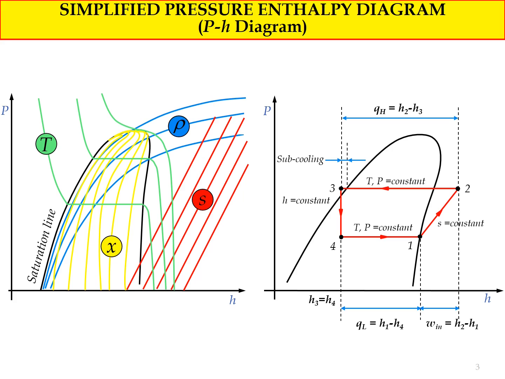From the diagram we can also know that QL equals H1 minus H4, QH equals H2 minus H3, and we can also determine Win, where Win equals H2 minus H1. These are the simplified pressure enthalpy diagrams.